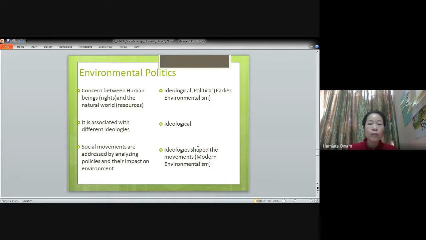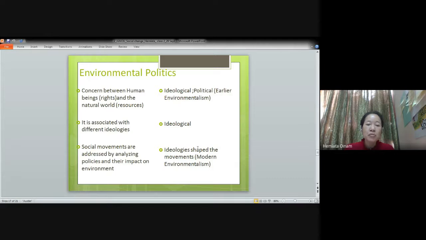This is a further simplification of those three approaches. The concern between human beings and natural resources is also very much dependent on the ideological, and when we talk about the ideological, it is going to be political, which earlier was considered part of environmentalism. It is associated with different ideologies depending on the thought processes of different organizations, institutions, activists, and agencies.